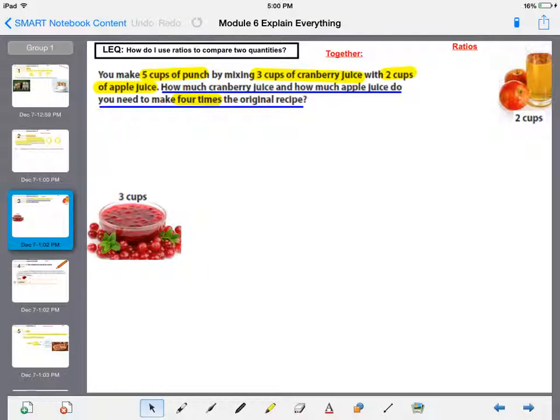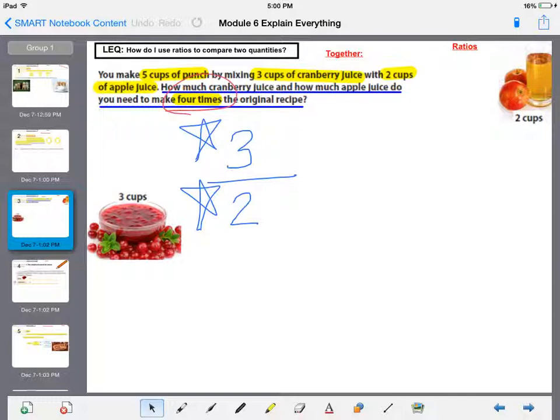Well, my first step is to write the ratio. And the ratio of 3 cups of cranberry to 2 cups of apple juice is the first thing that I'm going to do. Now, the next thing that I'm asked is how much cranberry and how much apple juice am I going to need in order to make 4 times the original recipe?